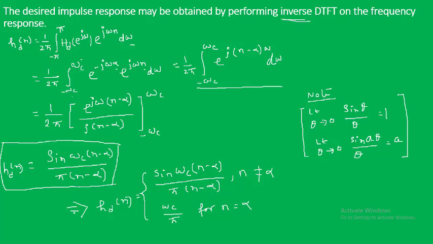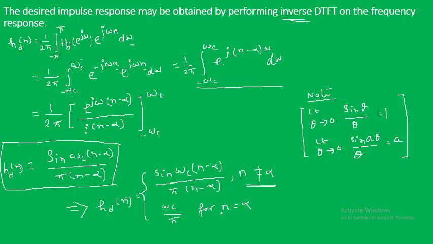Now the interesting thing is that when n and alpha are not equal, this expression holds good. But when n and alpha are equal, in the numerator and denominator we get 0 by 0.